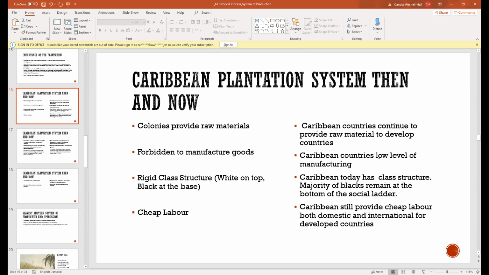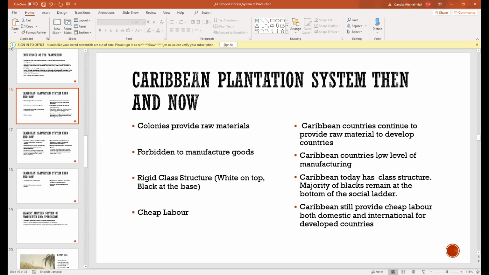And so when it comes to class structure in the Caribbean, it's very much the same as back then, still reflected. You have the concept of uptown versus downtown, which shows that it is not only a geographic space.